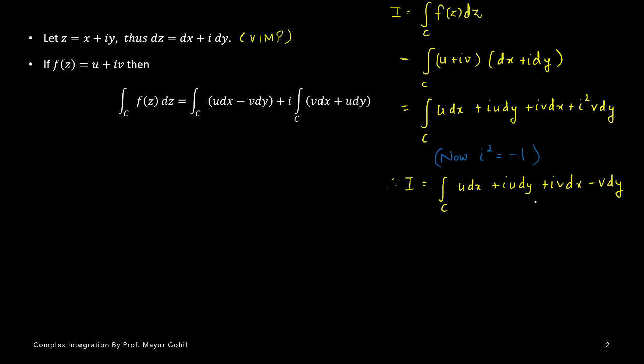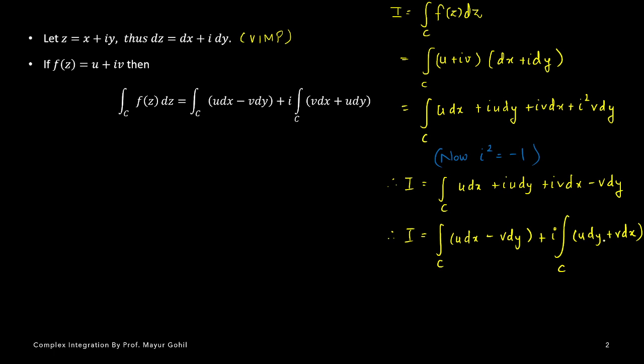And we split up the integral. So what we do is I equal to integral u dx minus v dy, and then I collect i over here outside. I take it, i is a constant. So now here I am left with u dy plus v dx. So this is the integral, and that's the formula it is saying.